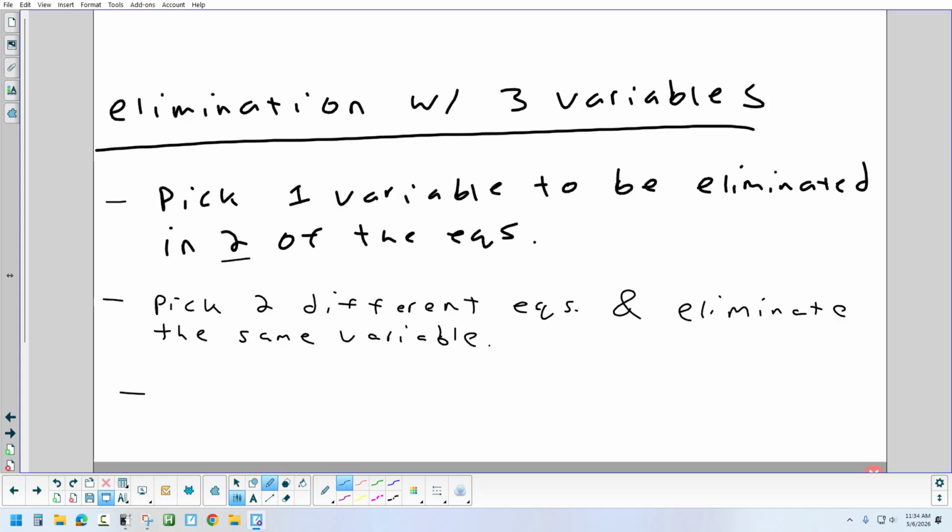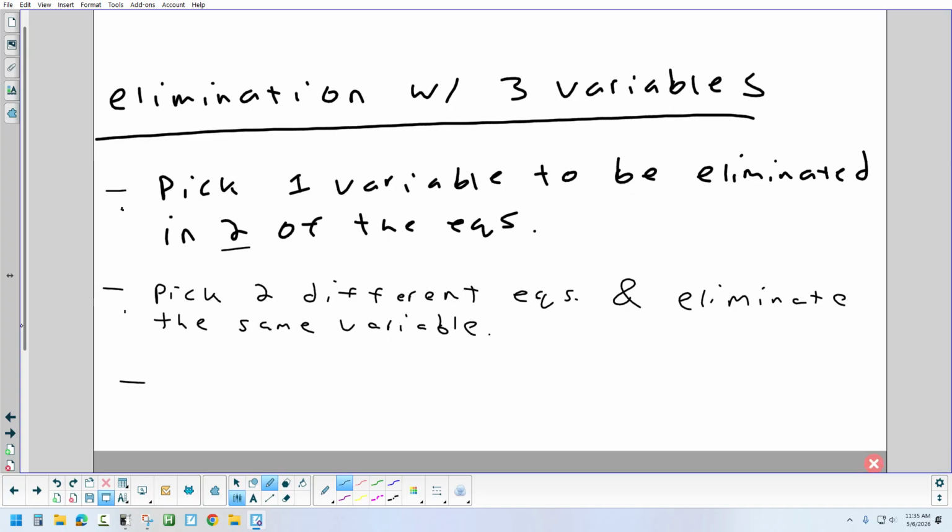What that's going to do is it's going to give you another equation that has two letters in it. This step is going to give you another equation that has just two letters. Now you're going to have two equations with two letters. That's the kind of problems we've been doing.